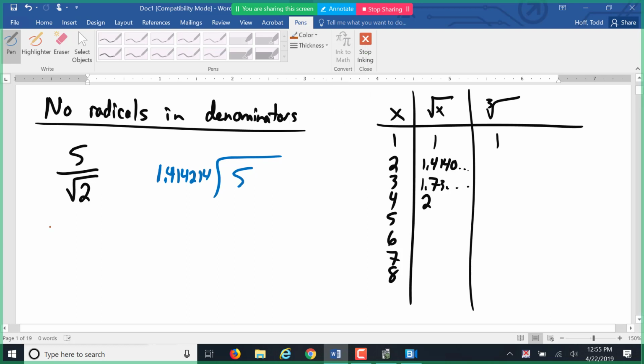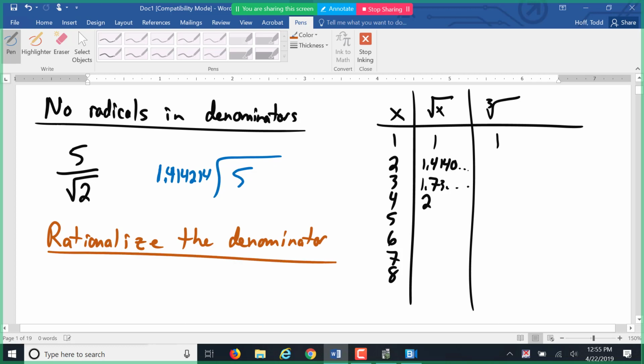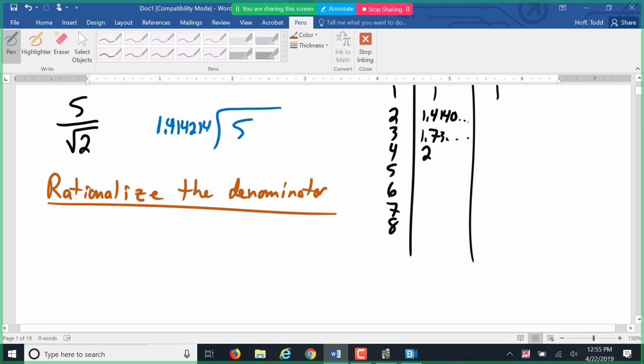So if I do something called rationalize the denominator, what that is, I'm eliminating all those radicals from the denominators of my fraction. So instead of 5 divided by the square root of 2, I'm going to rename that fraction so that there isn't a root in the bottom of it anymore.